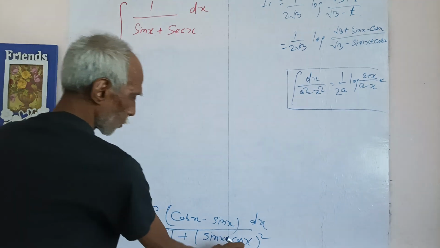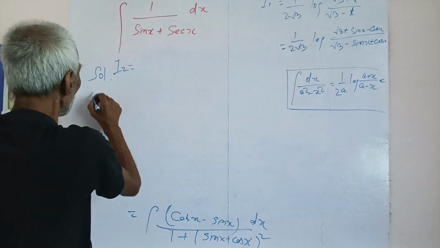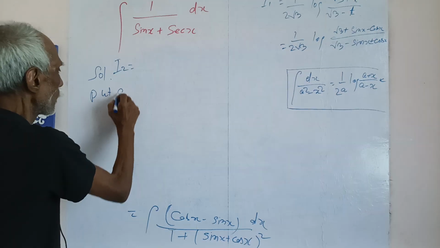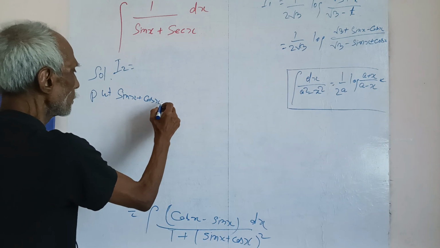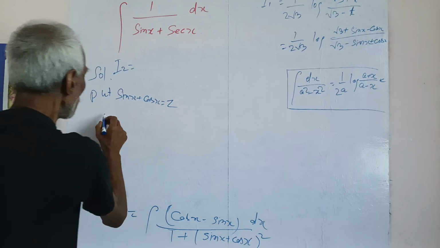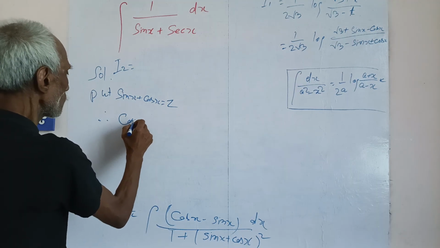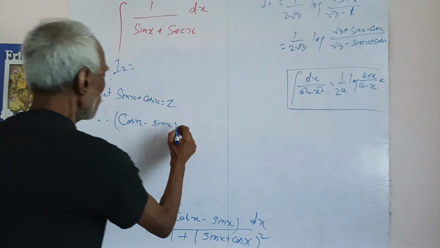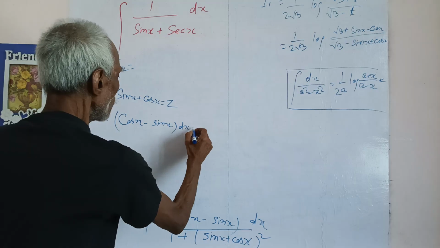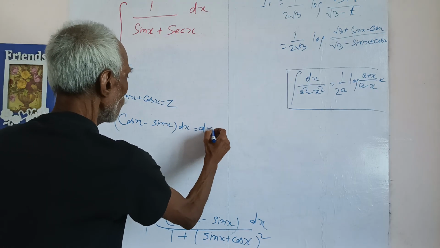Now put sin x plus cos x is equal to z. Therefore, cos x minus sin x dx is equal to dz.